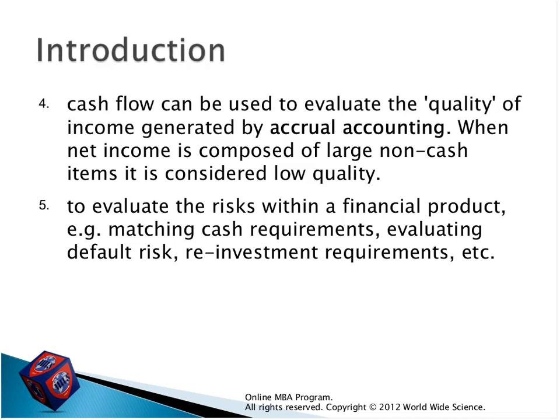Okay, here is this statement I would like to explain to you. When the net income is composed of large non-cash items, it is considered low quality, which means low quality of the financial position of the company. That means, for example, you sell products, right?